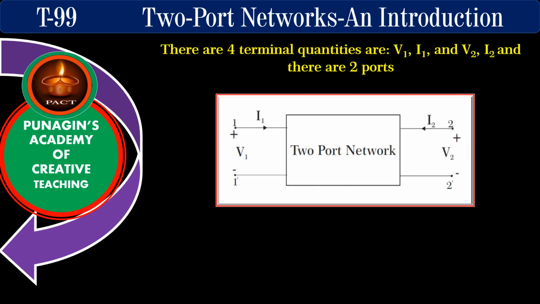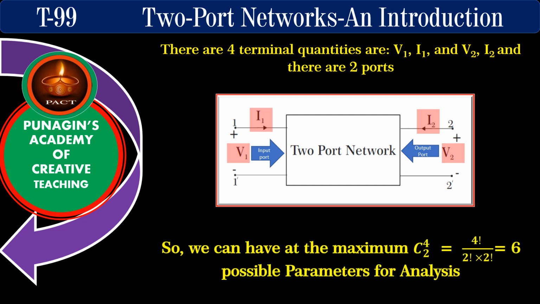Friends, you know that there are four terminal quantities V1, I1, V2 and I2 and two ports. One is the input port and the other is the output port. So based on these, we can have at the maximum 4C2 combinations, and 4C2 is equal to 4 factorial divided by 2 factorial times 2 factorial, which is equal to 6.